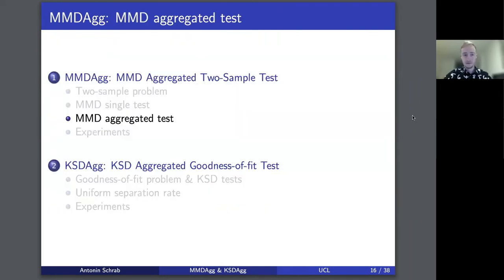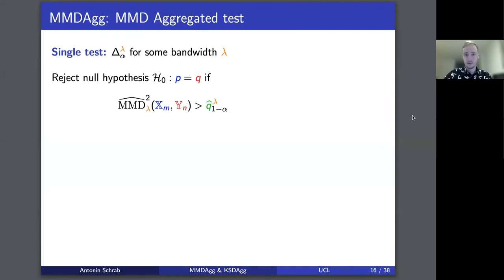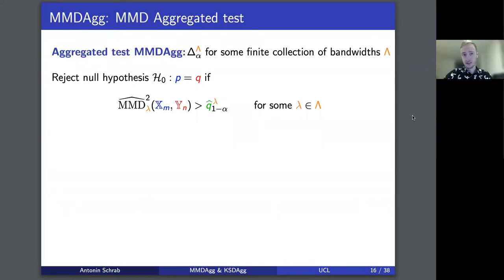So now we're going to do this for the MMD Aggregated test. Let me introduce it. As a reminder, we've just said the single test is defined as rejecting the null hypothesis if MMD is greater than the quantile, and this is for fixed bandwidth. And then we define our aggregated test for a collection of bandwidths lambda, a finite collection.